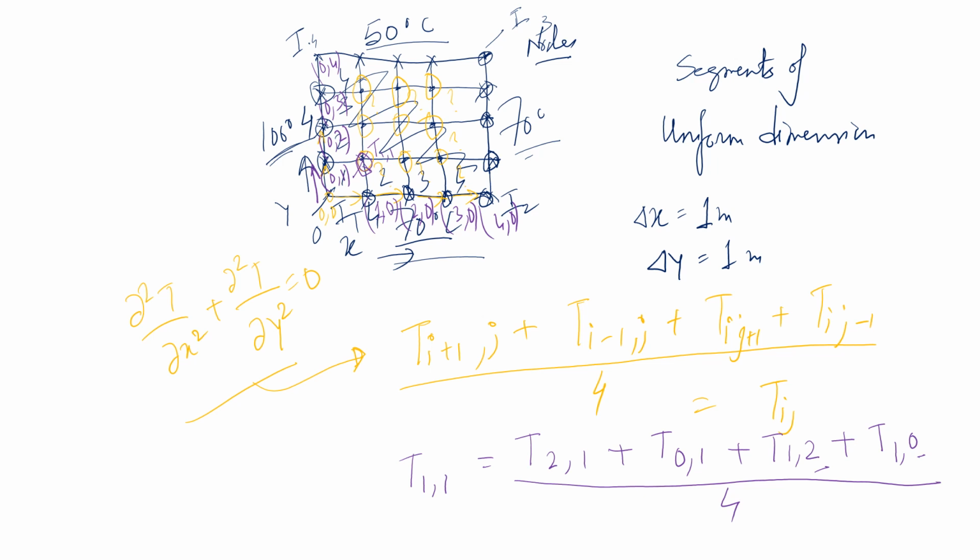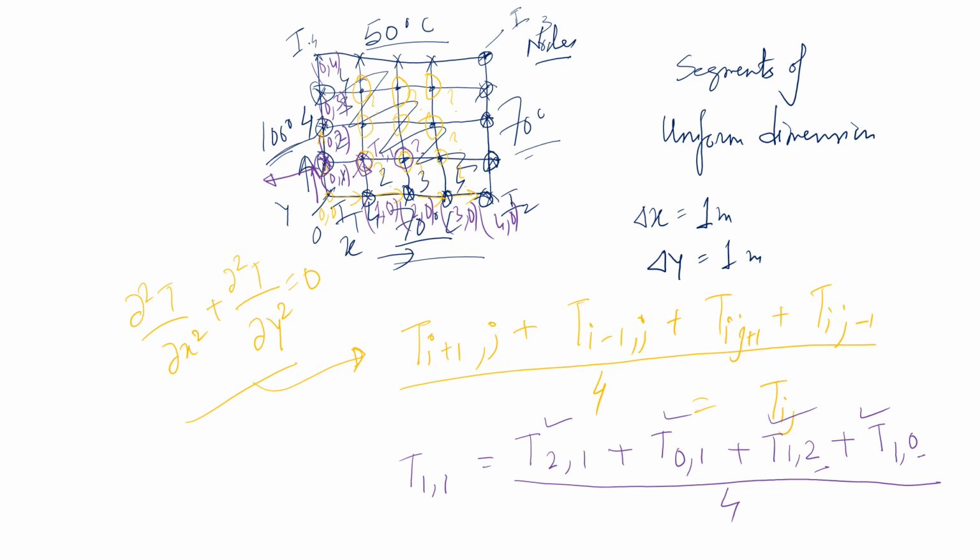So now let us see which temperatures we know among these 4 temperatures. Let us see the temperature at T21. T21 means this point, and this temperature we do not know, it is unknown. T01 we know, this is an edge point, and the edge is at 100 degrees centigrade.